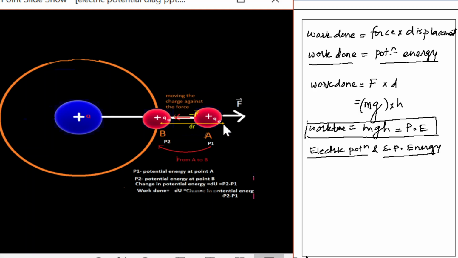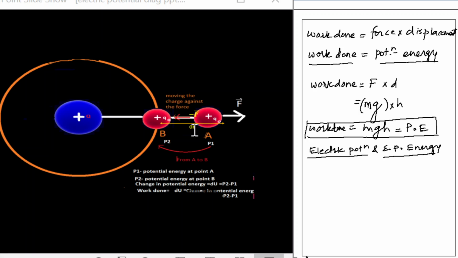Now the small test charge we have taken here, Q0, a positive test charge, is kept at position A. Now remember, it is a natural phenomenon that every system tries to attain the lowest potential energy. So if Q0 is here, it has some energy over there.